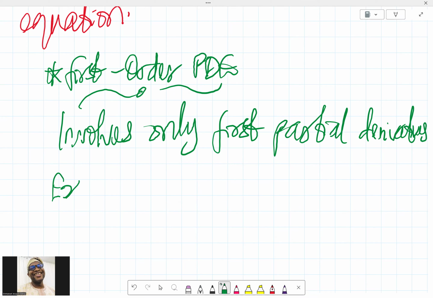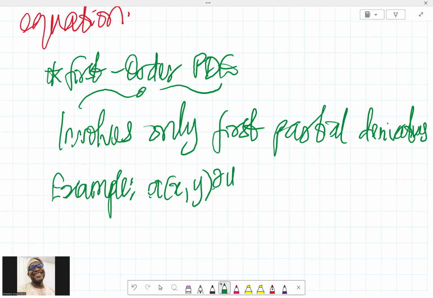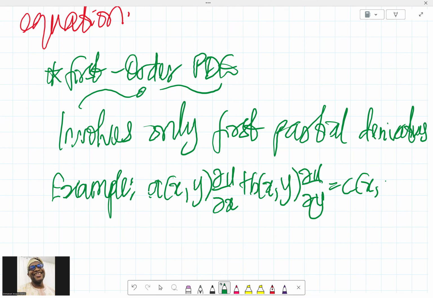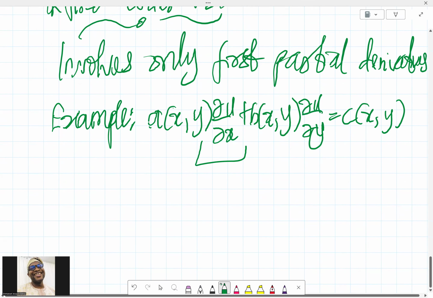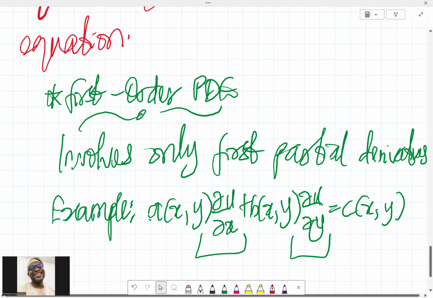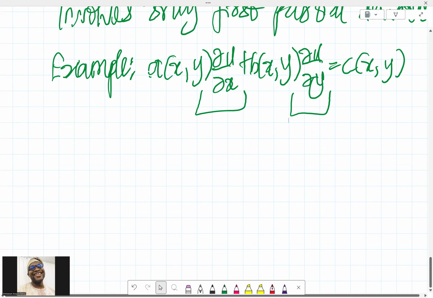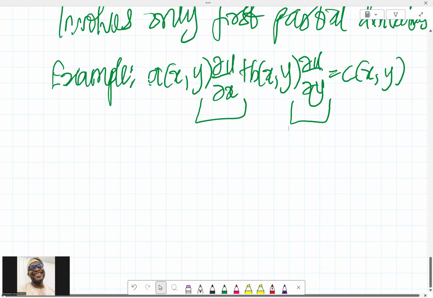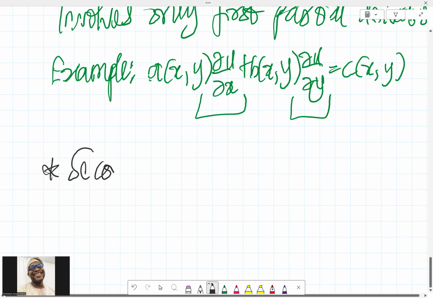An example of that would be a of x comma y partial u partial x plus b of x comma y partial u partial y equals c of x comma y. So in all, the highest derivative we have is of first order. That's a very good example of that. Then you can also have a second order PDE.